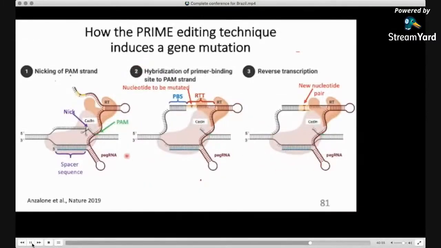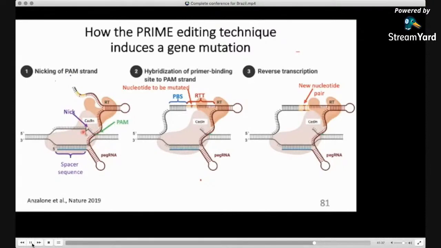To use the prime editing technology, we first have to identify the protospacer adjacent motif, PAM, which is NGG for the Cas9 of Streptococcus pyogenes. This will permit the Cas9 to bind to the DNA. Then the spacer sequence of the PEG RNA will bind to a 20 nucleotide sequence of DNA, in this case the lower strand, and the formation of the complex between the PEG RNA, the Cas9 nickase, and the DNA will induce a nick at exactly 3 nucleotides from the PAM in the upper strand of DNA.